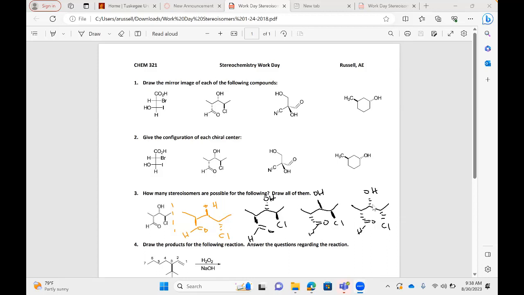So it's going to have an enantiomer. And that's how we get to those 8 stereoisomers. So I want you to work on drawing those mirror images of each diastereomer. How would you do that? You could do it one or two ways. You could put a mirror plane in and reflect it, or you can just change all the stereo centers in each one. Either way, it's a proper way to illustrate the mirror image.